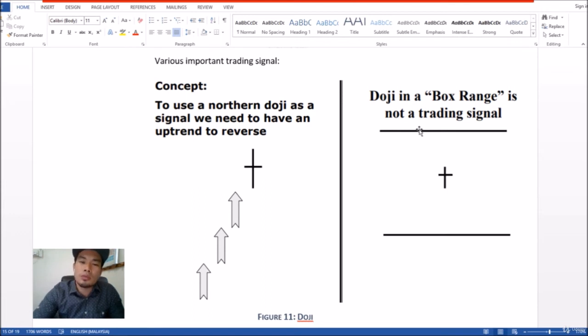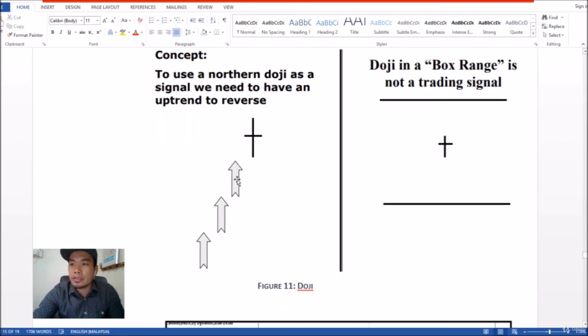How we use and analyze that price reversal has its own rules. For example, only after a long trend at an anticipated price point can we anticipate a reversal would occur, and this doji is valid.